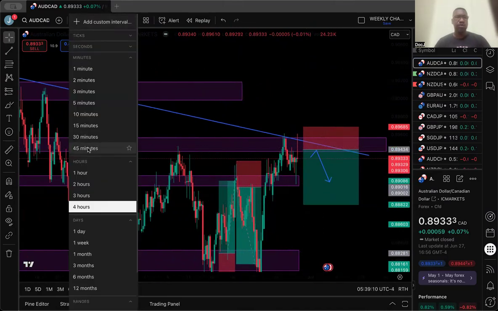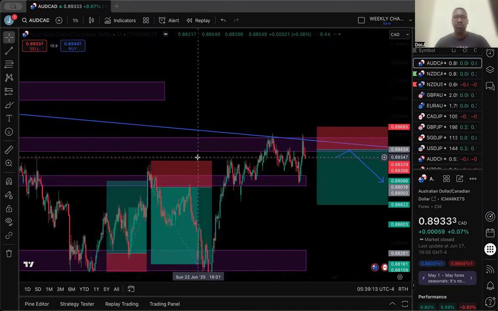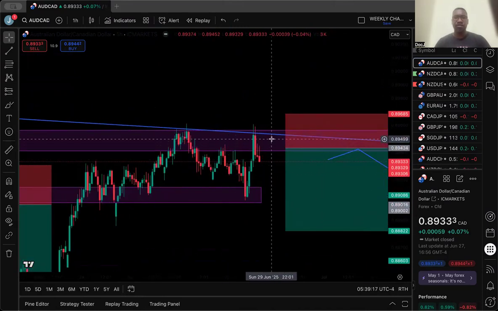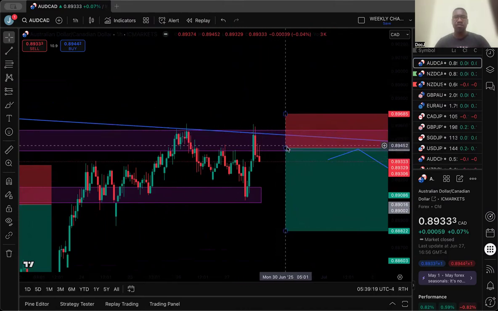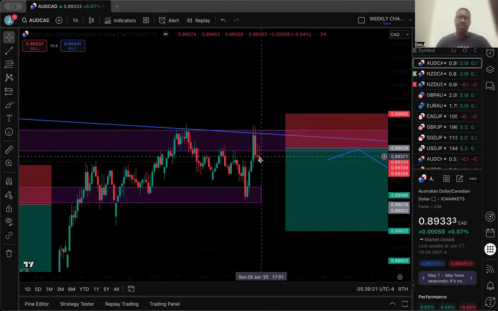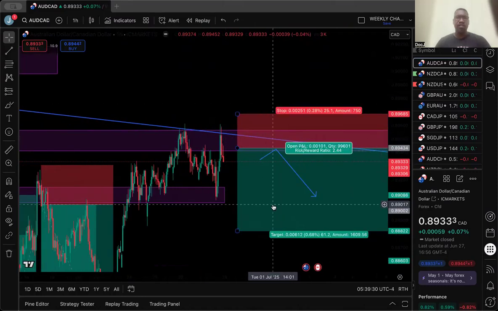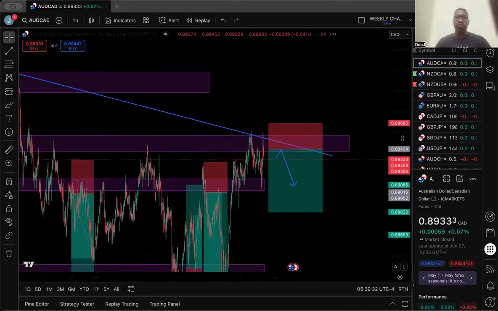So this upcoming week, I want to see price go back into this area and reject once more, which should happen, I think, maybe over the course of the London session, early Monday morning, and that should start the move downwards.